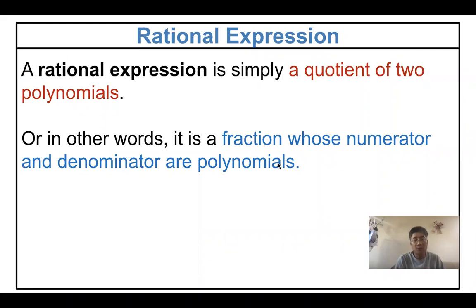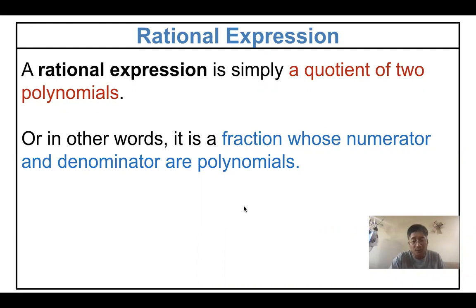A rational expression is simply a quotient of two polynomials. In other words, it is a fraction whose numerator and denominator are polynomials. That we call a rational expression.